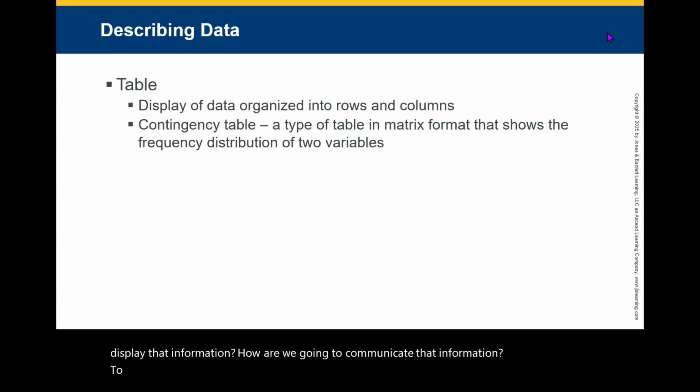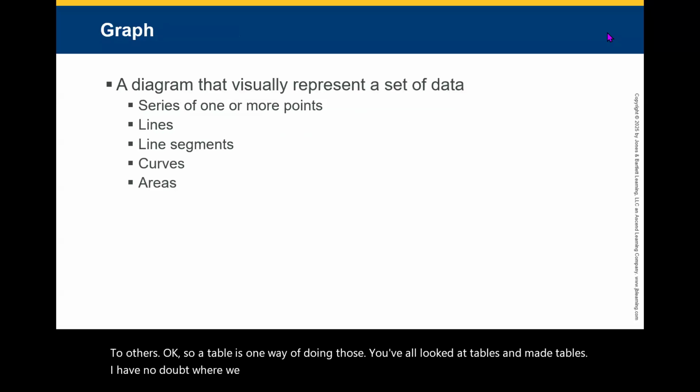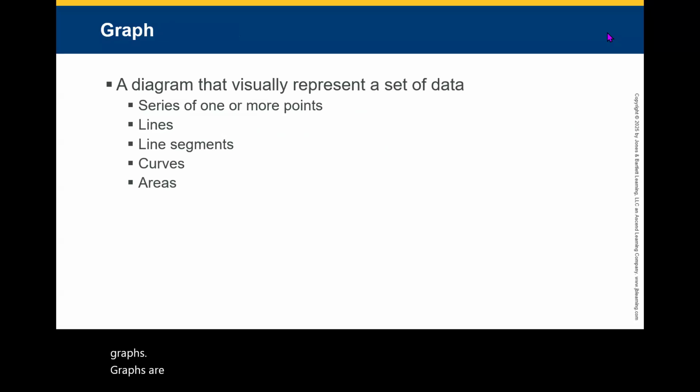So a table is one way of doing that. You've all looked at tables and made tables, I have no doubt, where we organize the data into rows and columns. We've also frequently used graphs. Graphs are very illustrative. We can show an association or a relationship very simply with a line graph.